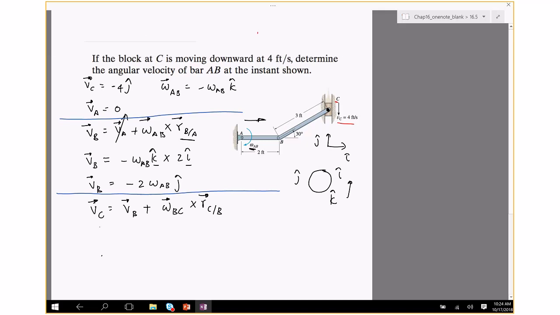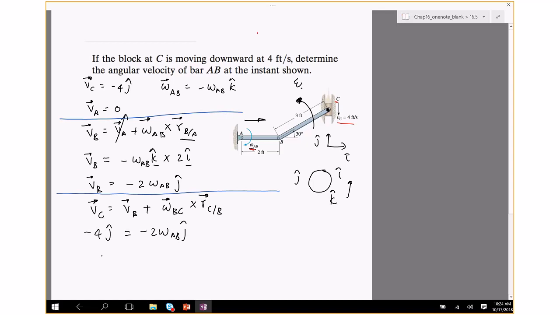Okay, so let's sub in. Velocity of C is known, it's negative 4j. Velocity of B I just found out, it's minus 2 omega AB j. And then omega BC is unknown, so let's assume omega BC is counterclockwise. Again, I'm just assuming that, it may not be the case, but the math will give me the right sign.